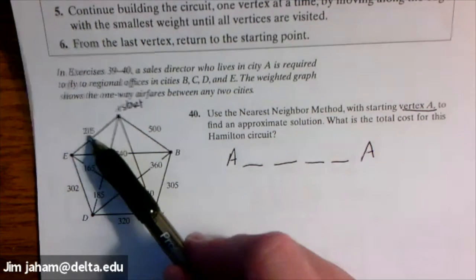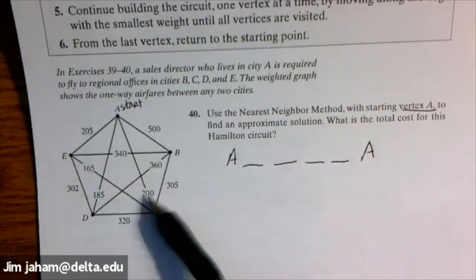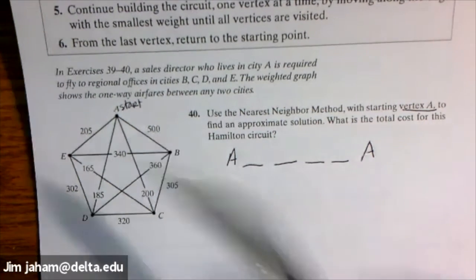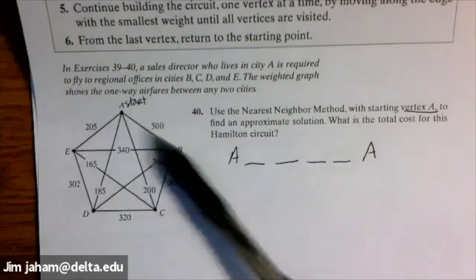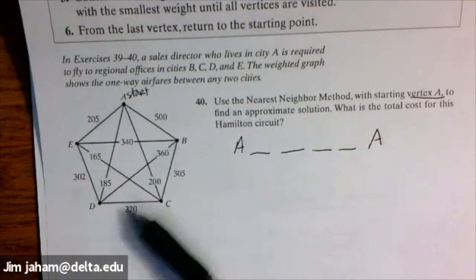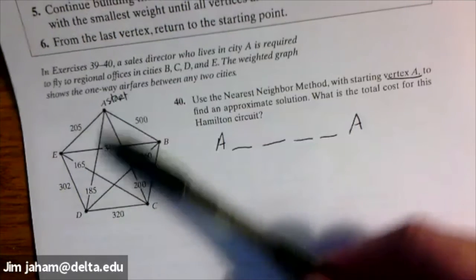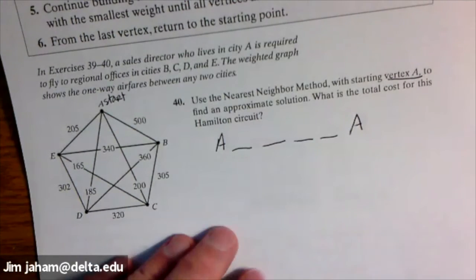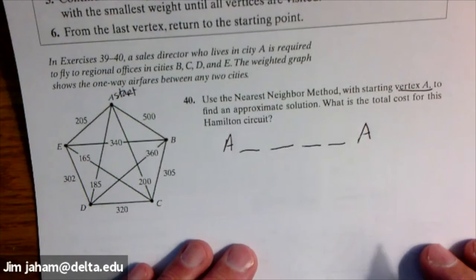So we compare 205, 185, 200, and 500. And of course, these are not drawn to scale because 500 should be a lot bigger than 185, but it just doesn't appear that way. So these complete graphs are not drawn to scale.